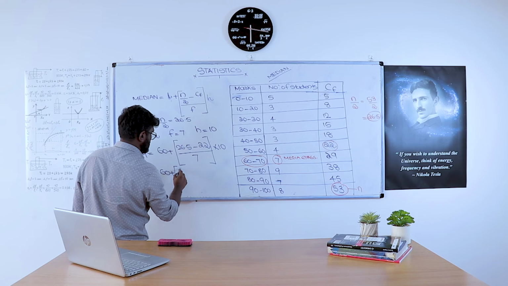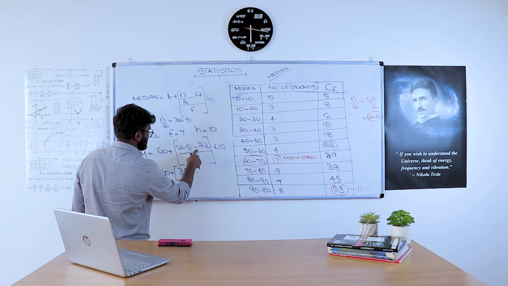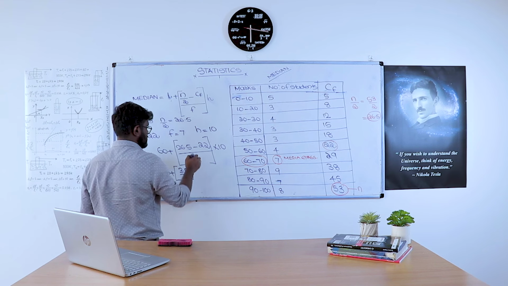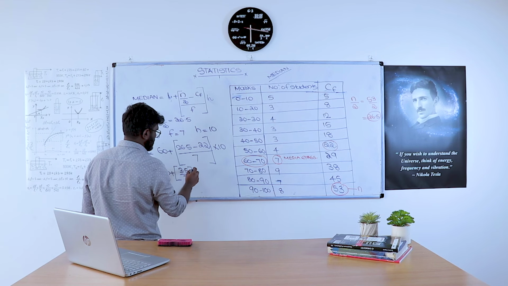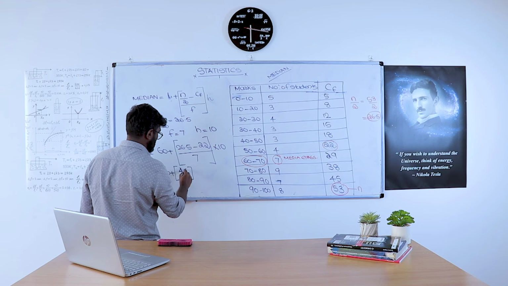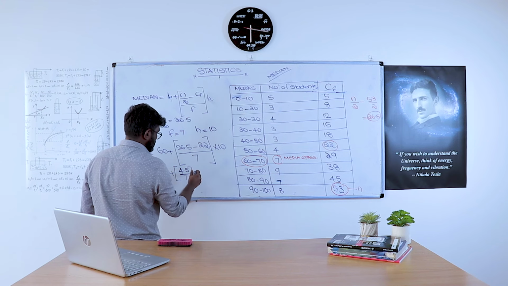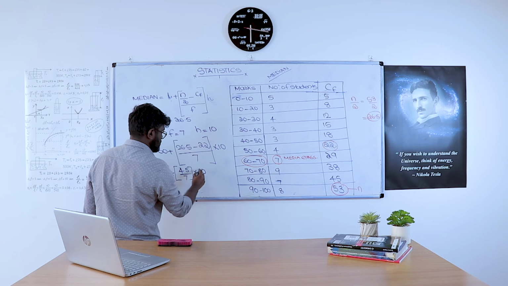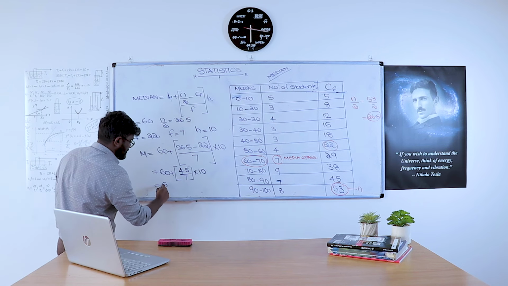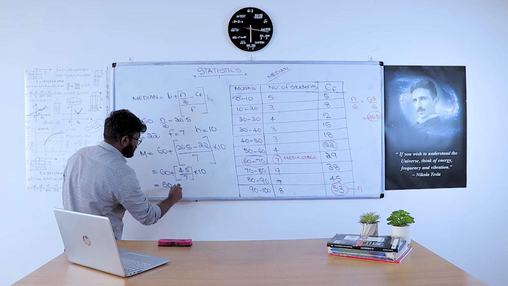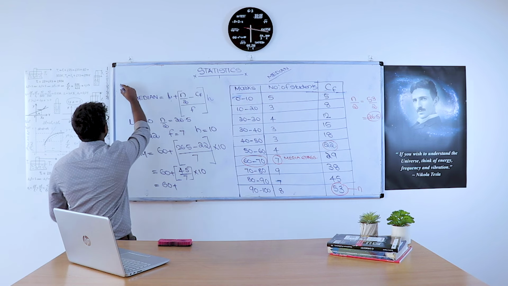Is it 3.5? 26.5 minus 22 is not 3.5, it is 4.5. So 4.5 by 7 into 10. That is 60 plus 45 by 7.